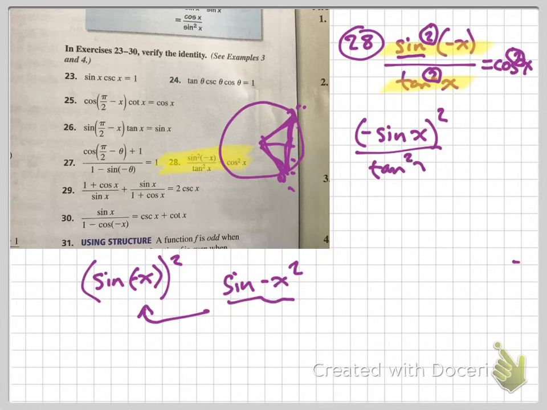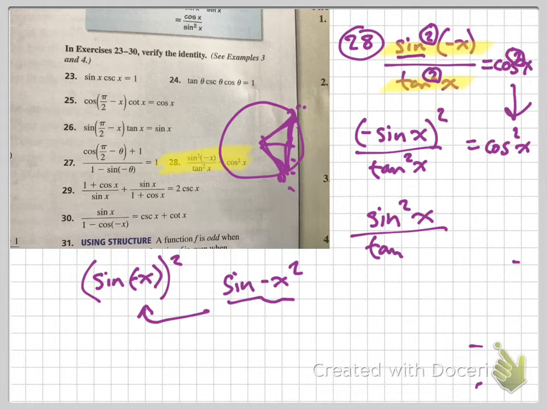We'll leave the rest the same for now, but let's keep simplifying this left side. I'll just bring that right side down. And what we know is that whenever we square something, it becomes positive. So we could just get rid of the negative and it would just become sine of x, whole thing squared, which we write in this way, over tan of x, whole thing squared.